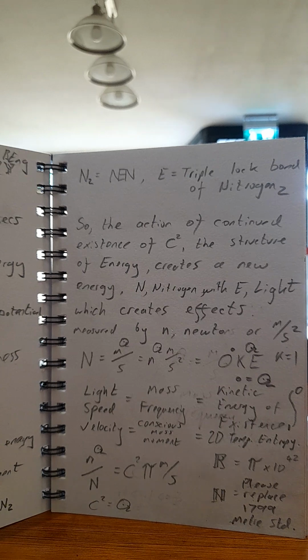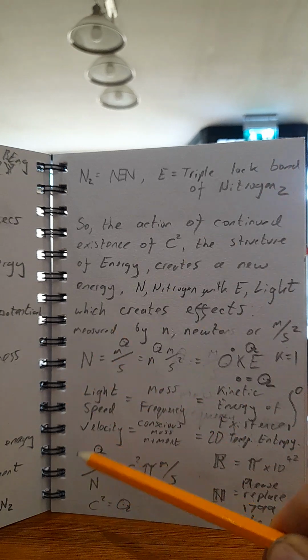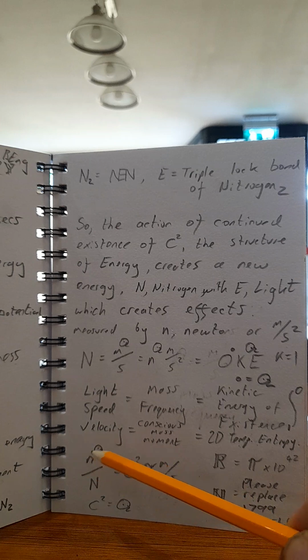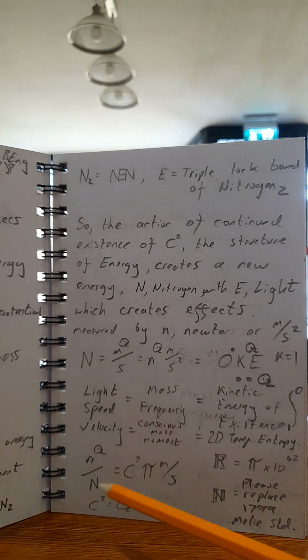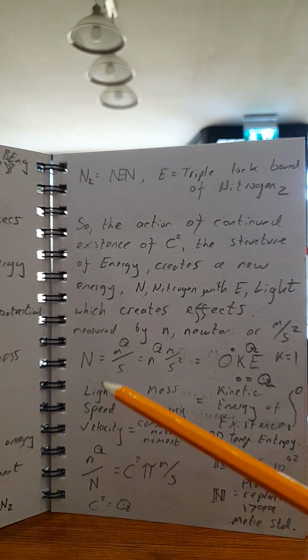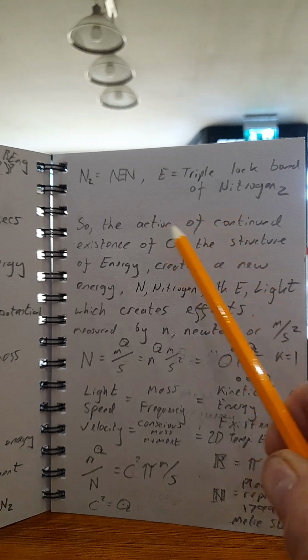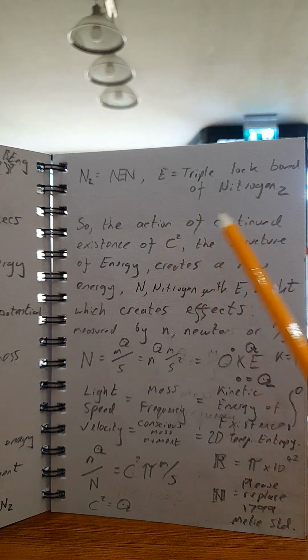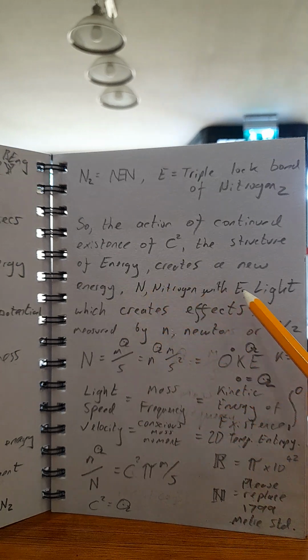So the nasal breathing is about this triple lock bond, because we can see down the bottom where we've got a relationship between the two with mass energy, us, and our behaviour in terms of love and evolution, and then it's the power of that N. So the action of continued existence of C2, T squared, the structure of energy, creates a new energy, N nitrogen with E, energy, light.